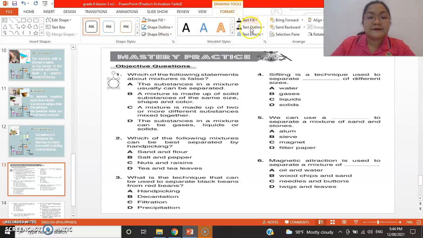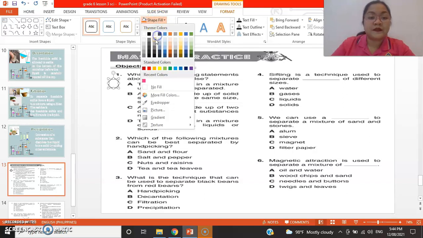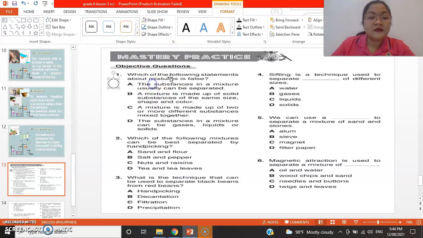Letter C. A mixture is made up of two or more different substances mixed together. And letter D, the substances in a mixture can be gases, liquids, or solid. Which is not correct?